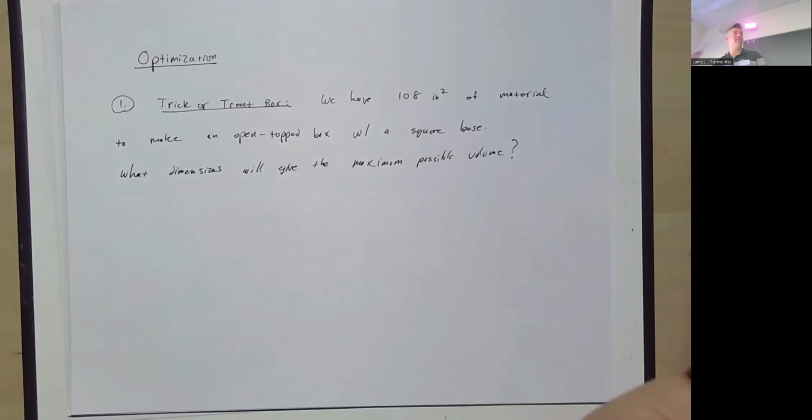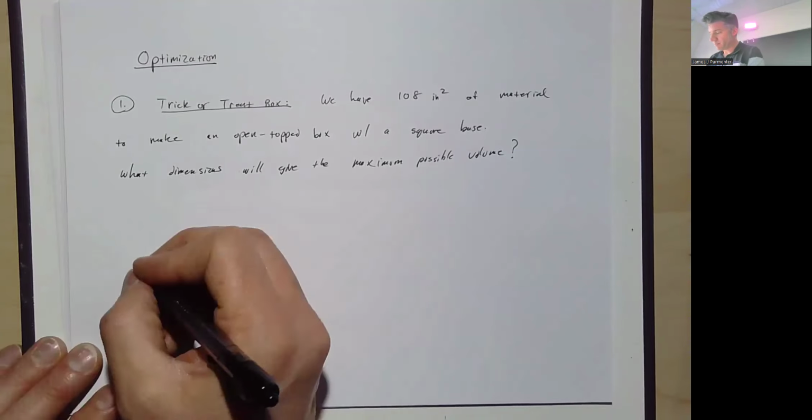So the way I conceptualize these problems is there's almost always something you want to optimize, either maximize or minimize, and then there's some constraint, some limiting piece of information. Before we do any of that, though, what we really start off with is drawing a picture. So I'm going to draw a picture of a box that has a square base.